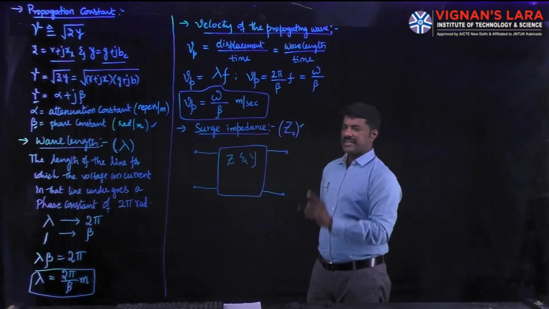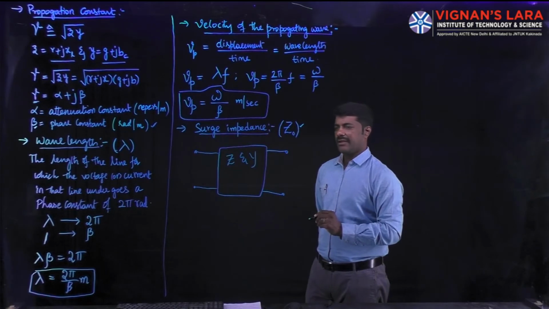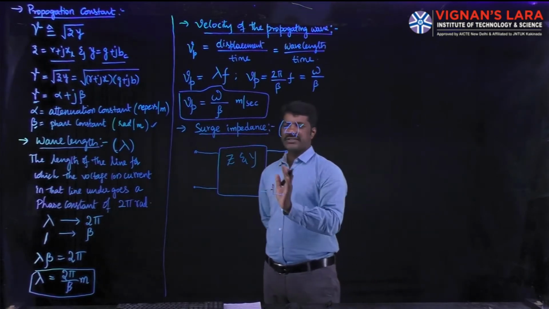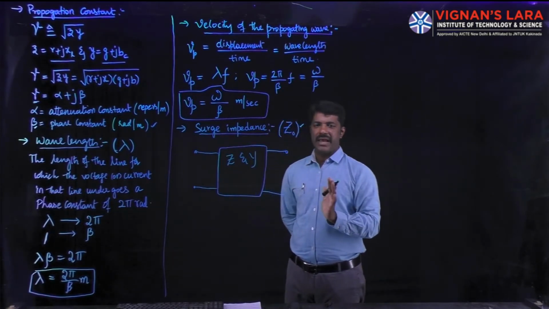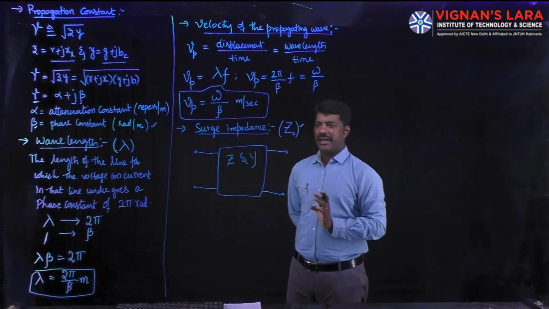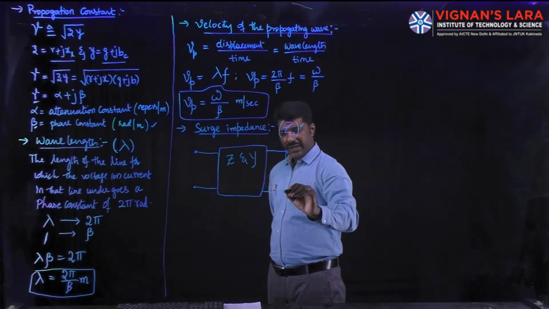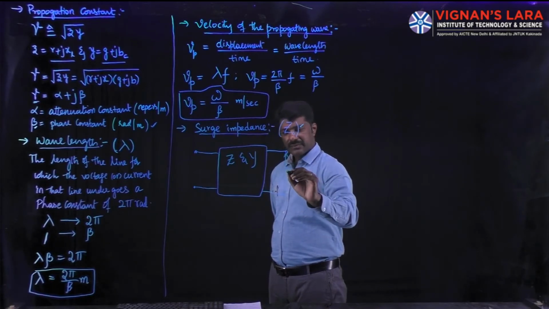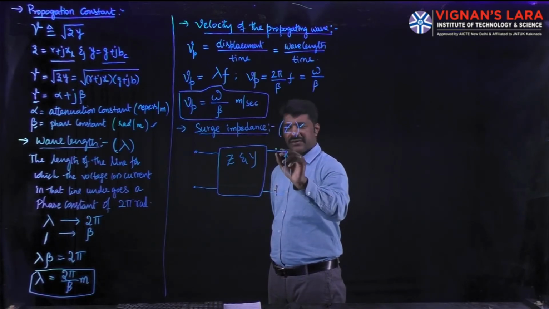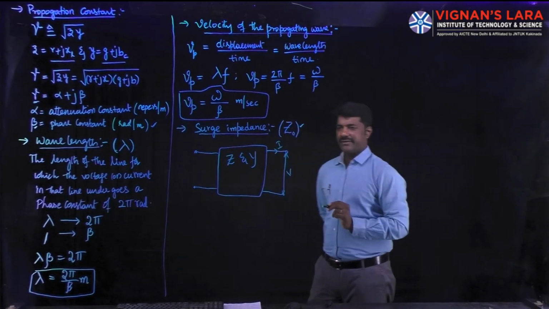Z is a series element and Y is a shunt element. They can be formed with different structures like T or pi as per the required analysis. And these are the two ports where we identify capital V as the voltage on the receiving end side and capital I as the current on the sending end side.